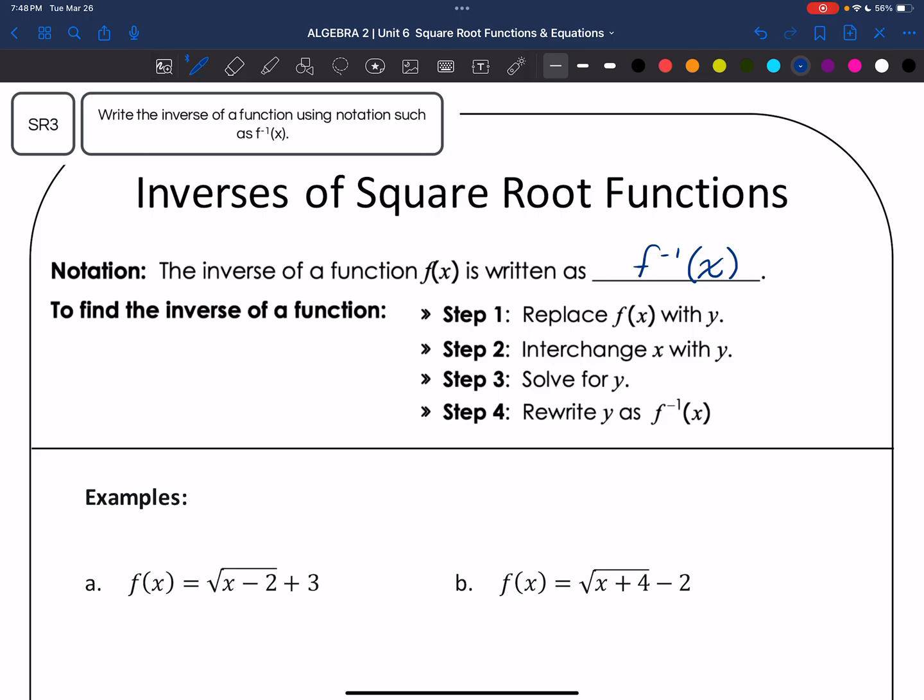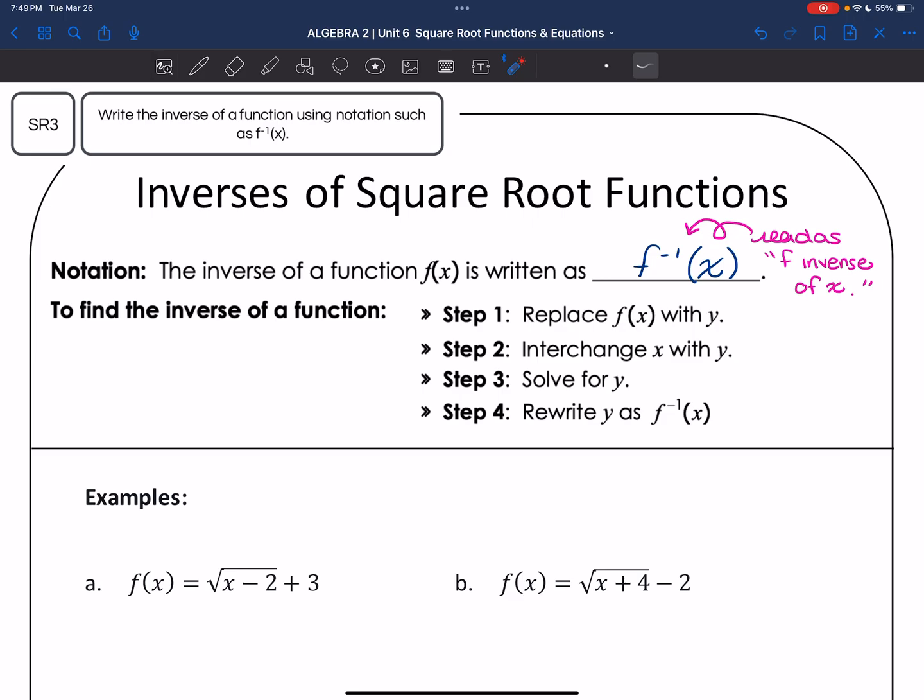And the way that we read that is f inverse of x. So that's exactly how you will notate the inverse of a function. Of course, if the function would have been like a g, then it would have been g inverse of x. Or if it was an h, you would use an h corresponding with the function letter.